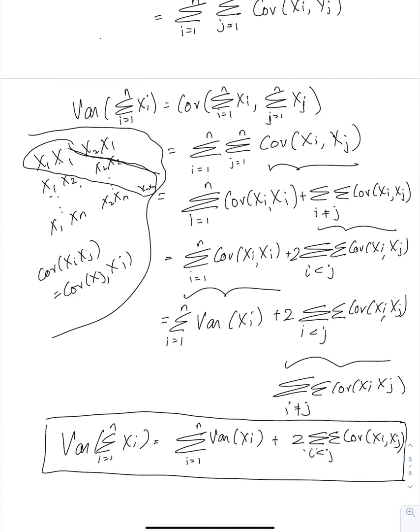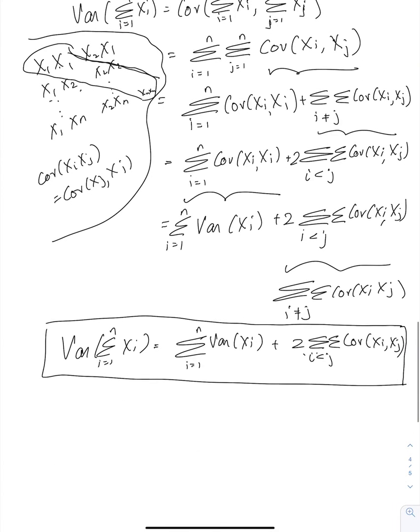And when you look at these xi's, if the xi's are pairwise independent, so if x1 is independent of x3, x1 is independent of x2, x1 is independent of all the others, x2 is independent of x1, x3, x4, x3 is independent of x1, x2, x4, x5, and so on. If all the xi, xj with i not equal to j are independent pairwise, then what can you have? Then you have that the covariance is 0. So that's something else you can write.